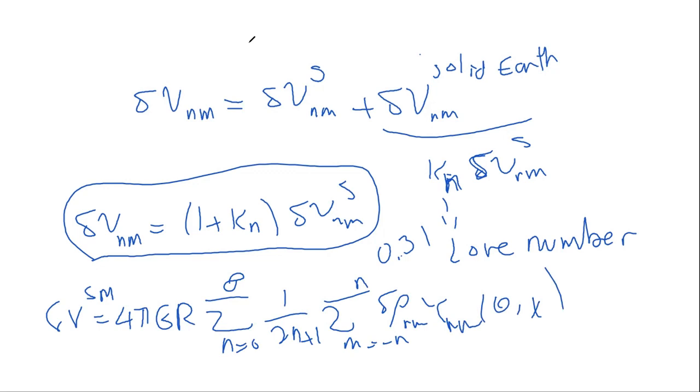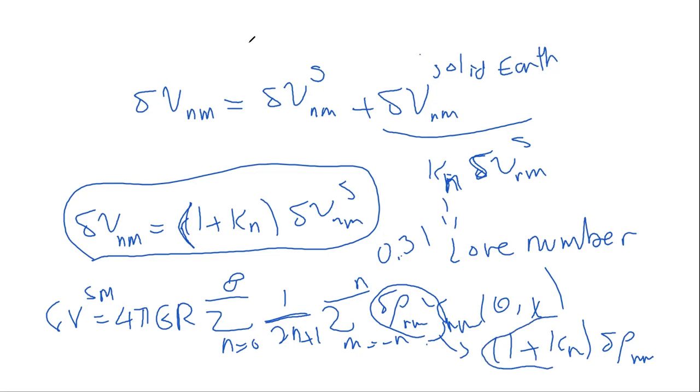Then it was for the surface density. So if we consider that this term was surface density, then this relation is also valid for delta rho. Therefore, I can write 1 plus Kn times the changes of the surface density. So in that case, this can go directly here, 1 plus Kn.